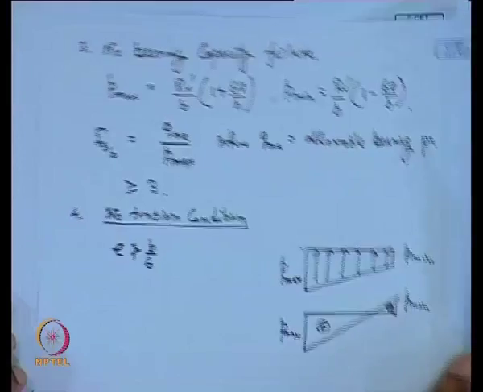Now, next, in addition to these checks, what are the other design criteria or guidelines? First, we will go for the gravity retaining wall.